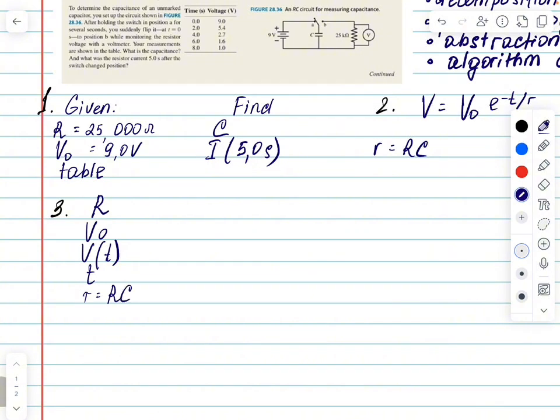For example, I don't need to focus on the physical appearance of the circuit or extra details about the switch. I only keep the essential variables: the resistance, the voltage, the time, and the time constant. This helps me focus on the mathematical model of the discharge process.